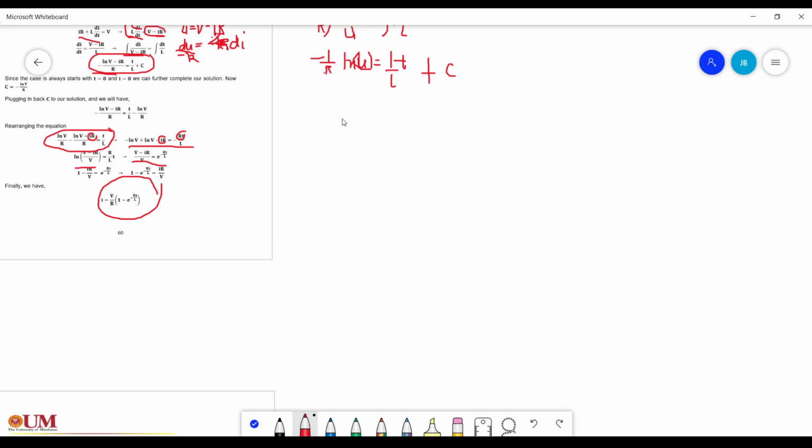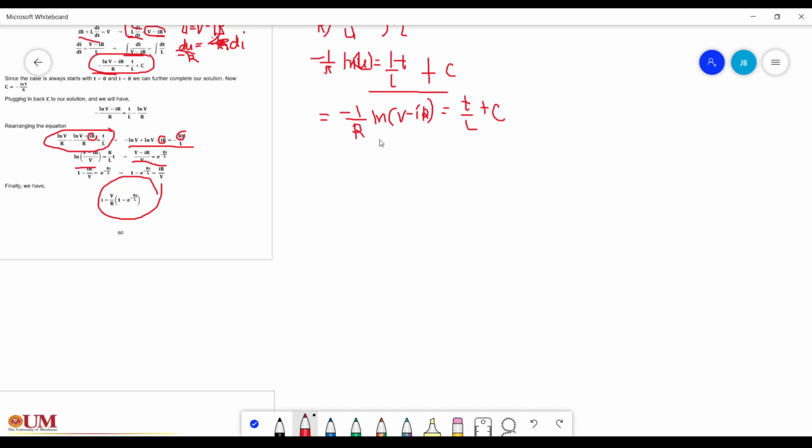So okay, let's have once again negative 1 over R ln of V minus IR is equal to P over L. P over L ba ito siya? P over L plus C. Here. It's here pala. Okay.